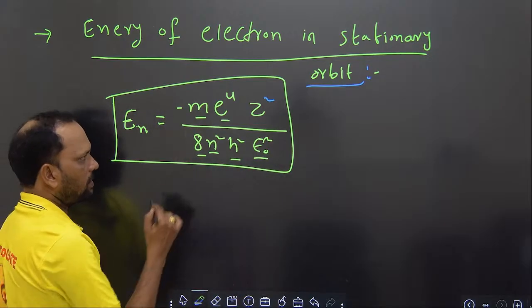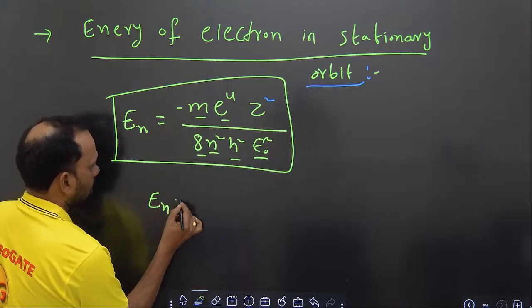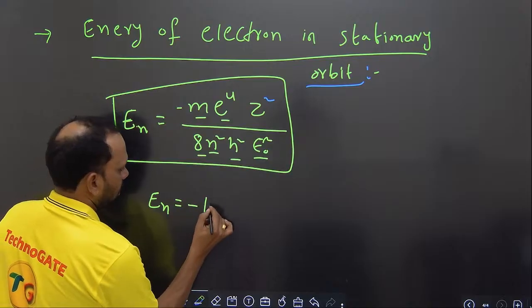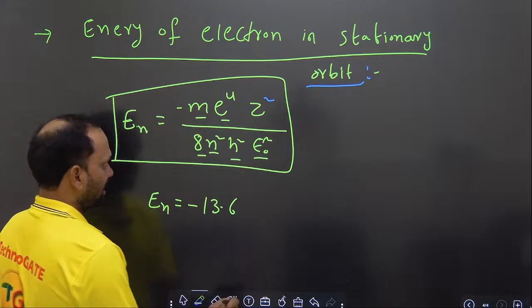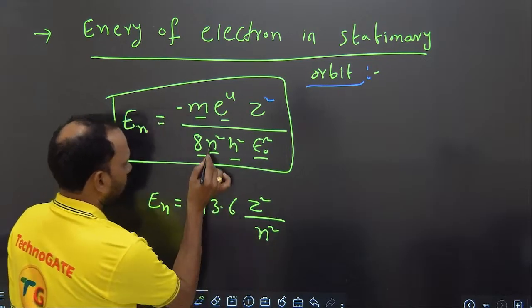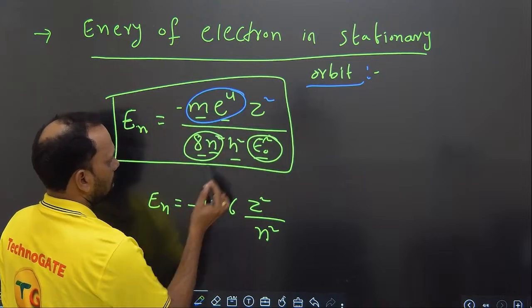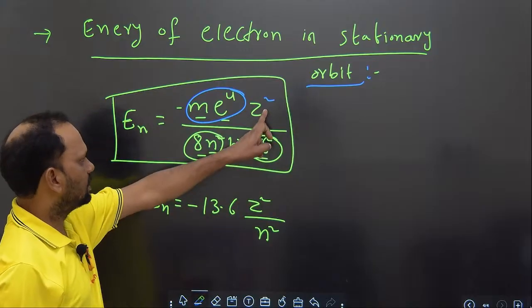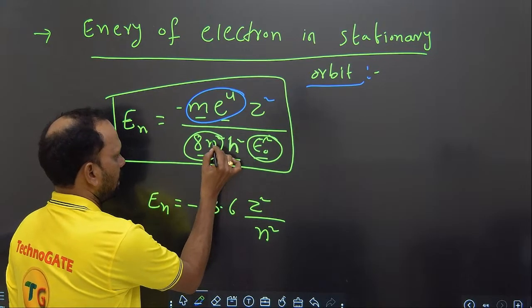If you substitute all these things, En is equal to minus 13.6 into z square by n square. If you substitute this value, then the variables are z and n square, since h square is a constant.